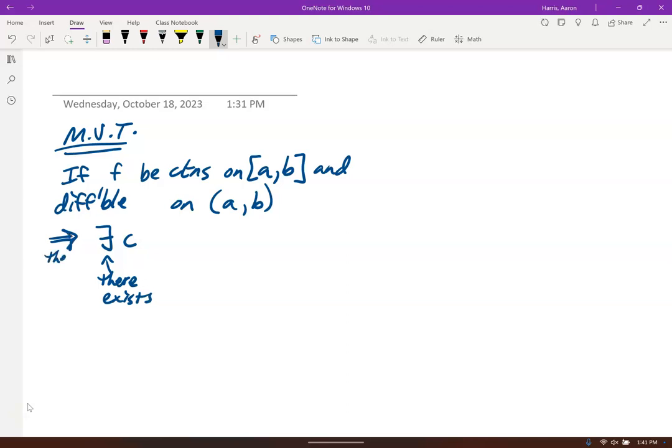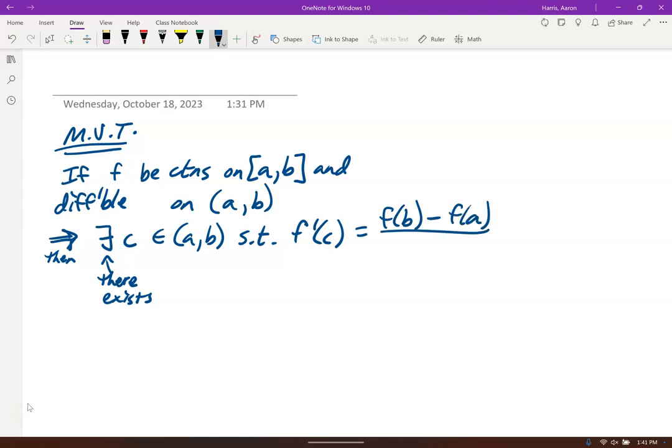There exists a c in that open interval such that f prime of c, so the derivative, the slope of the tangent, equals the slope through the points A, f of A, and B, f of B.